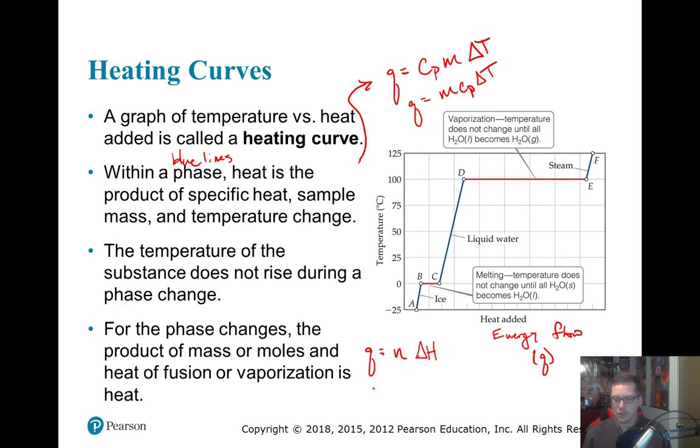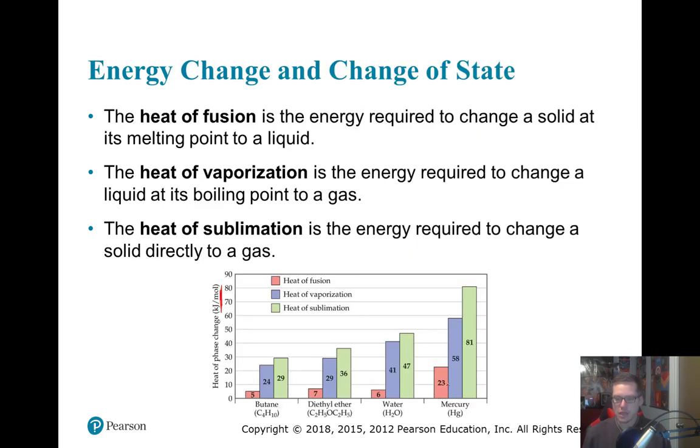And just to look at the units here, well, remember Q is energy, and so its units are going to be in kilojoules. So let's think about the units here. N is in moles. And then this delta H value, we just saw in this previous slide that the units on phase change, these heat of vaporization and fusion, are in kilojoules per mole.